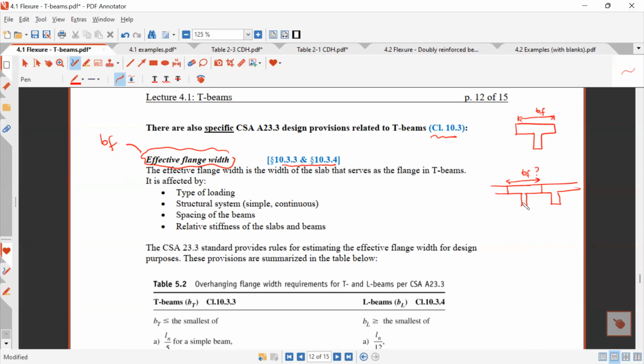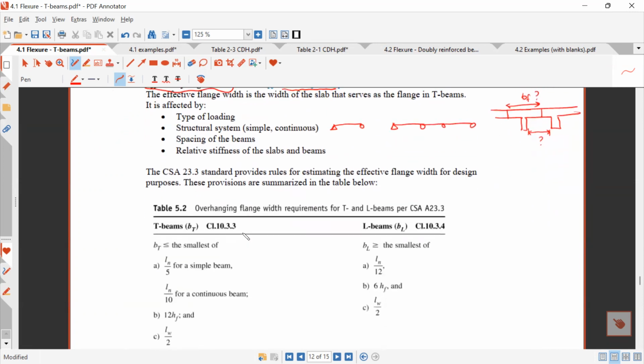But if it's part of a floor system like this, you need to figure out what this BF is. So this BF is going to depend on the type of loading, the structural system. Is it a simply supported beam or is it a continuous beam, right? This affects it. What's the spacing between the beams? And the relative stiffness of the slabs and the beams.